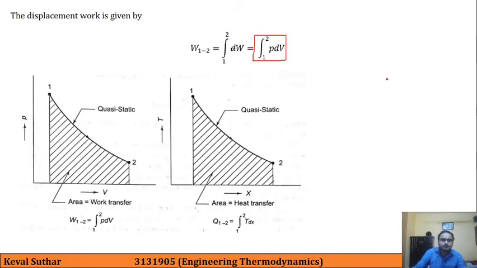The left hand side diagram is already known to you: between state 1 to state 2 there is a quasi-static process, and in the PV diagram the area under this curve gives us work transfer governed by this formula.